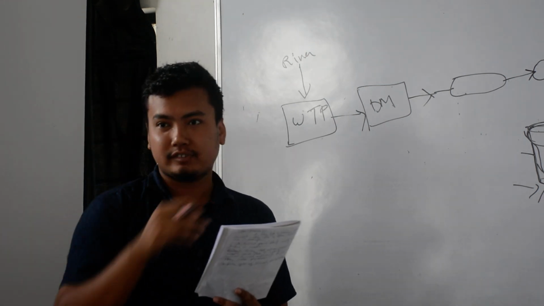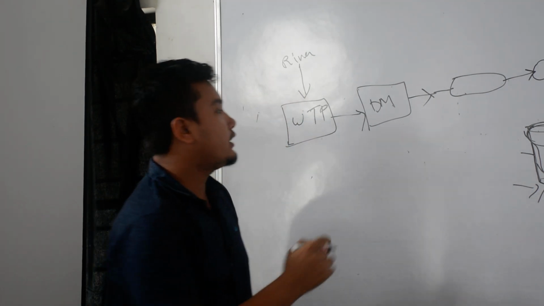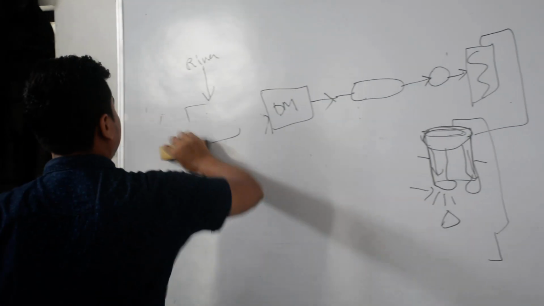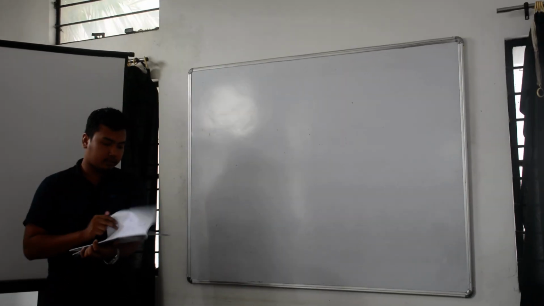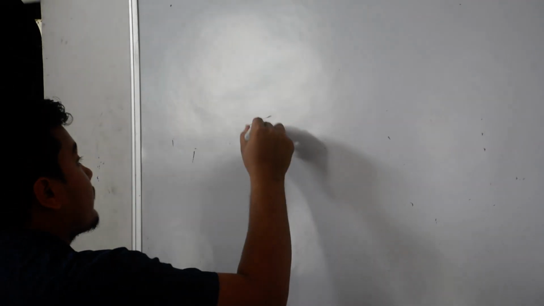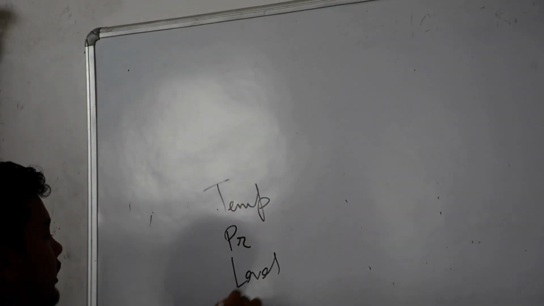Okay, some automation and measurement. Sir, in industry we need to measure four major categories, four major terms, and they are temperature, pressure, level, and flow.